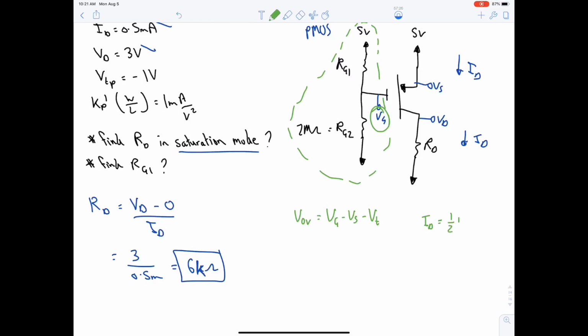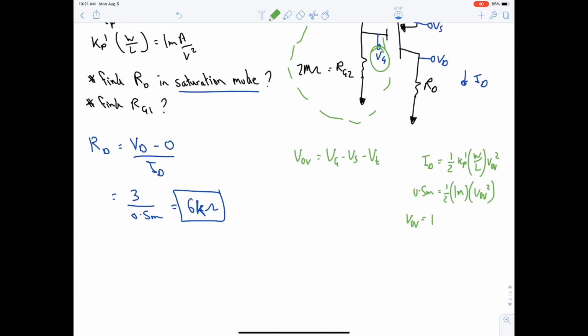Because we are in PMOS saturation, we will write down the saturation equation. So ID is 0.5 milli, half, Kp prime is 1 milli with W over L, VOV is missing. So VOV is equal to 1 volt, or VOV is equal to minus 1 volt.